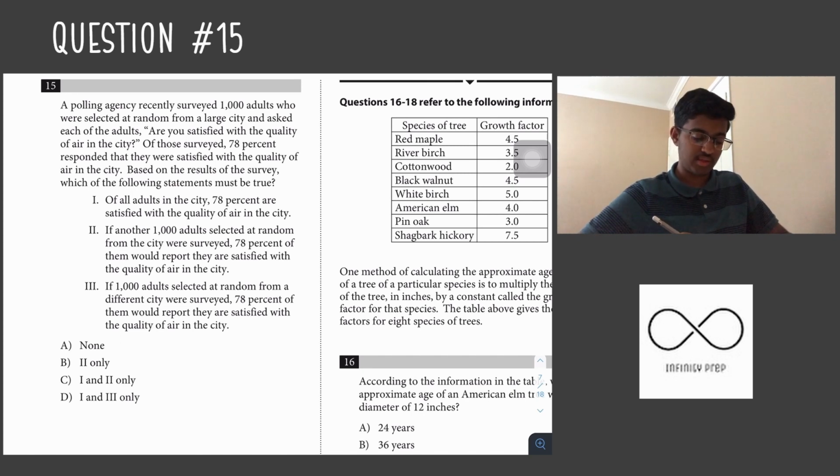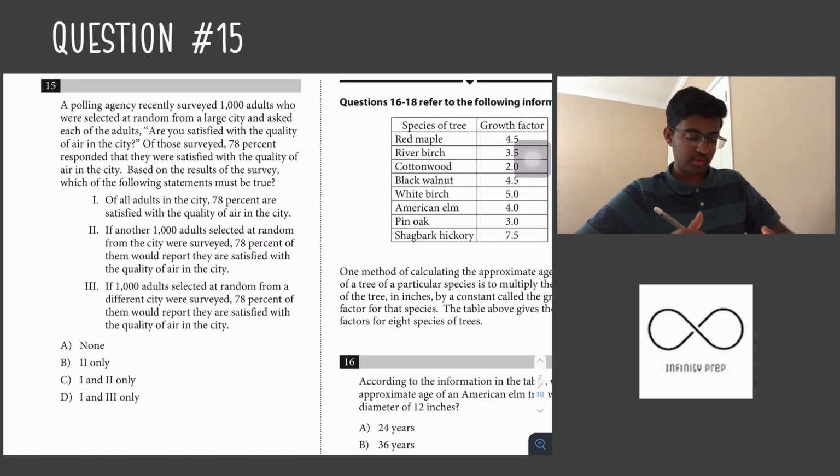Of all adults in the city, 78% are satisfied with the quality of air in the city. 2. If another 1,000 adults selected at random from the city were surveyed, 78% of them would report they are satisfied with the quality of the air in the city. 3. If 1,000 adults selected at random from a different city were surveyed, 78% of them would report they are satisfied with the quality of air in the city.